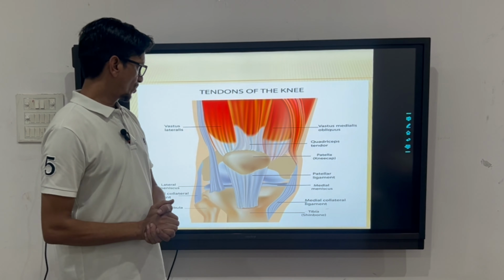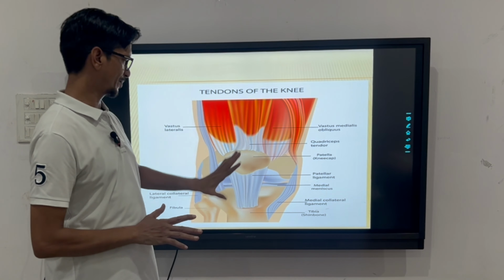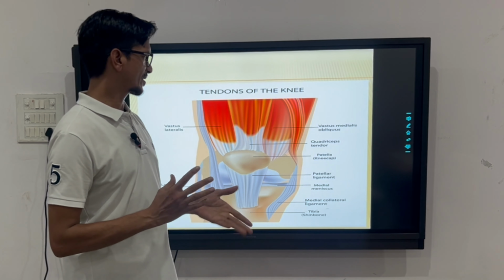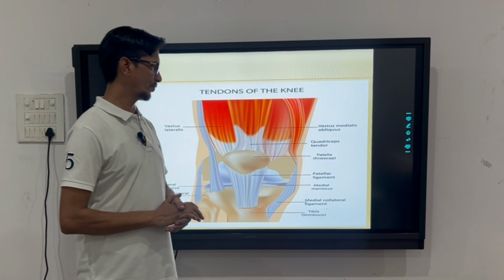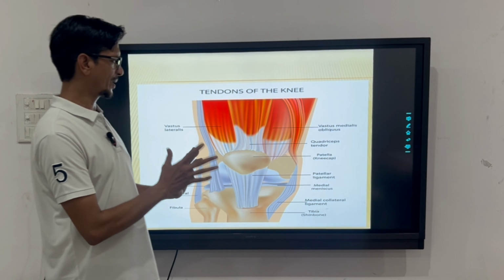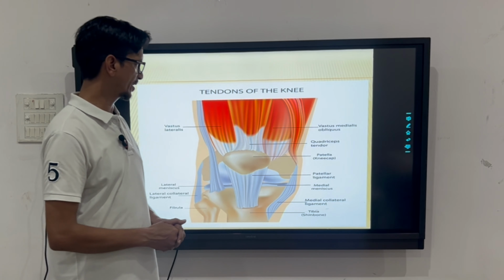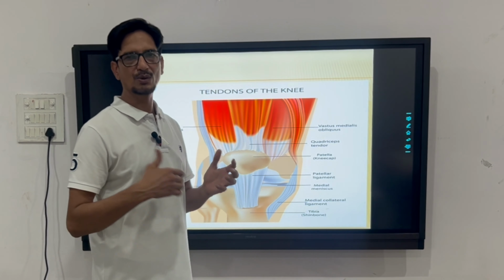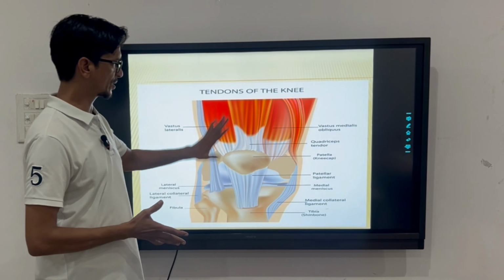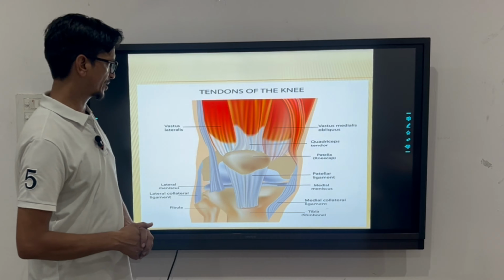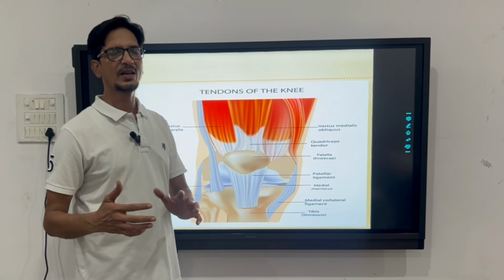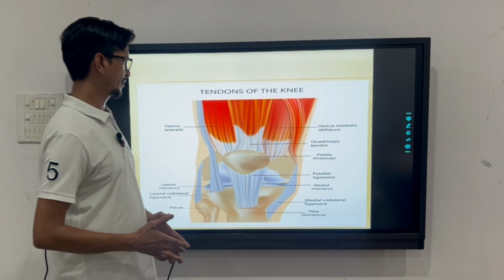Now let's have a look here. Basically with this picture we can understand the attachment of, यहाँ पे बहुत ही लिमिटेड स्ट्रक्चर शो किए गए हैं, and basically here only those structures are represented by this picture which are easy to identify or which we can palpate.